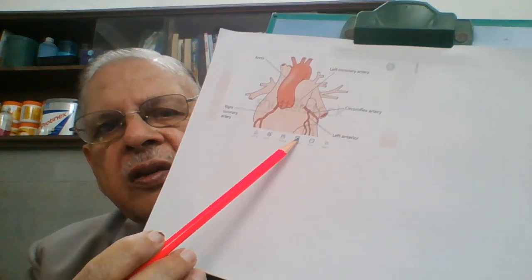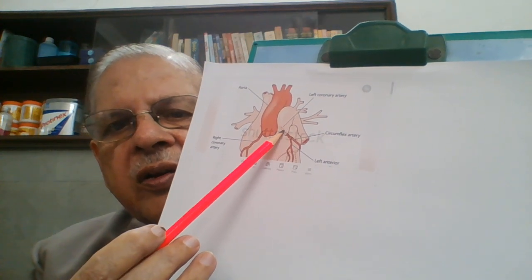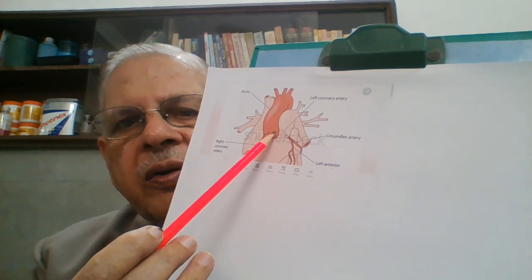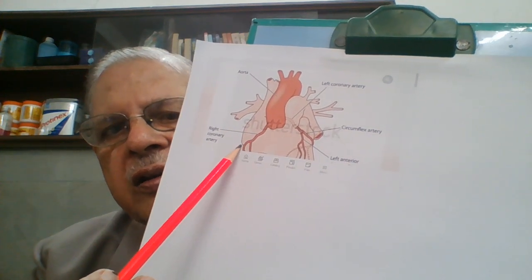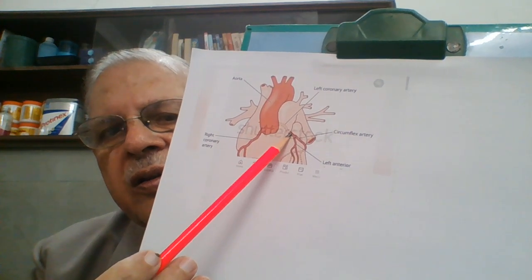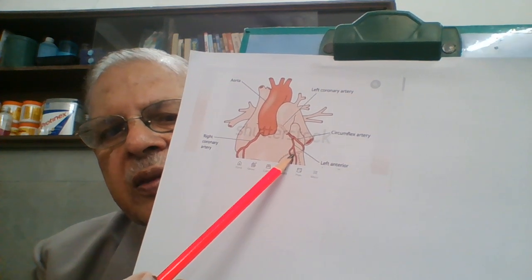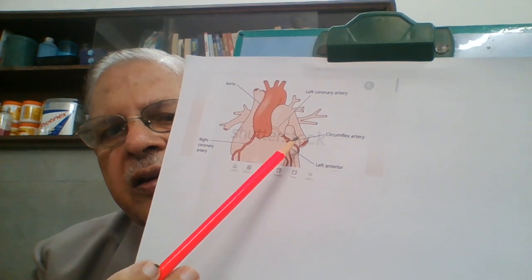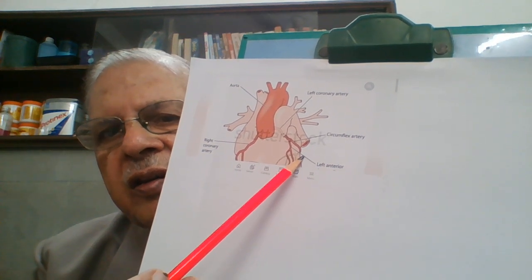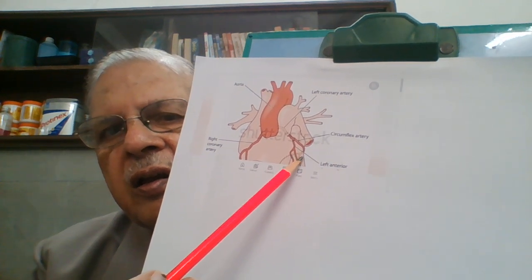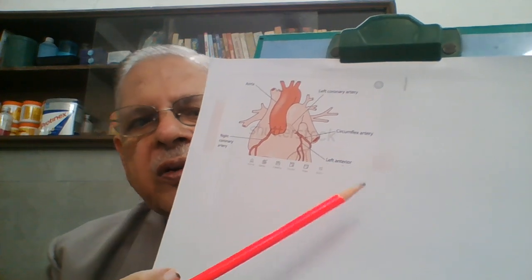The important thing to remember is that there are three coronary arteries: the right coronary artery, and the left, which divides into the left anterior descending and the left circumflex coronary artery. These are the arteries which carry blood to the heart for its normal functioning.